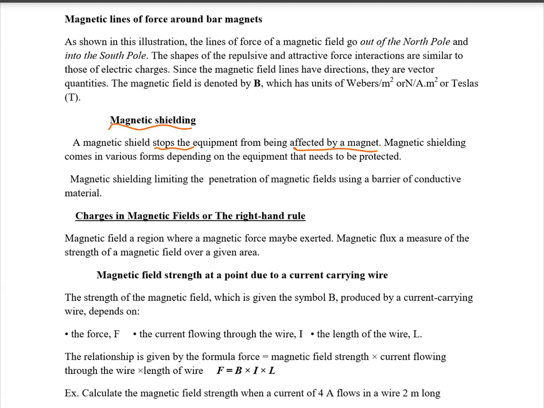Magnetic shielding comes in various forms depending on the equipment that needs to be protected. Magnetic shielding limits the penetration of what? The magnetic field, using a barrier of conductive material.